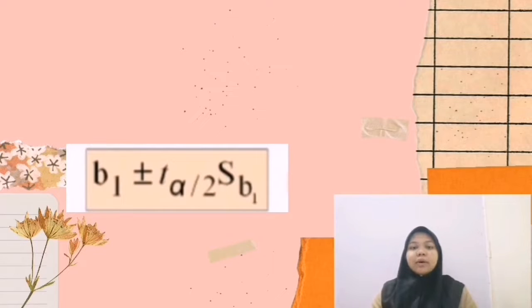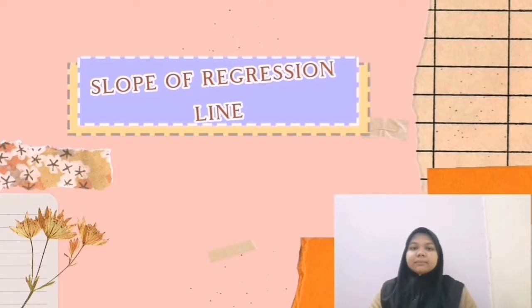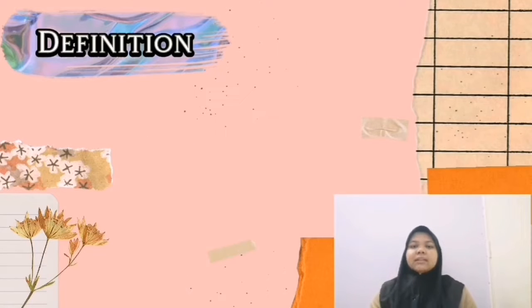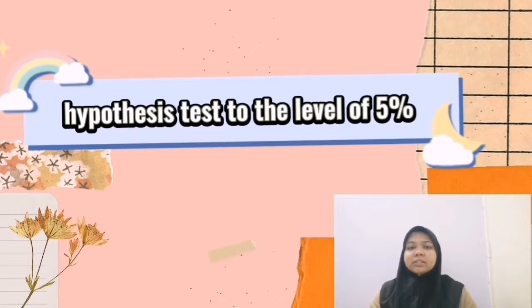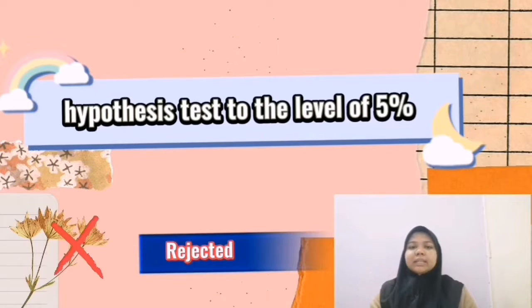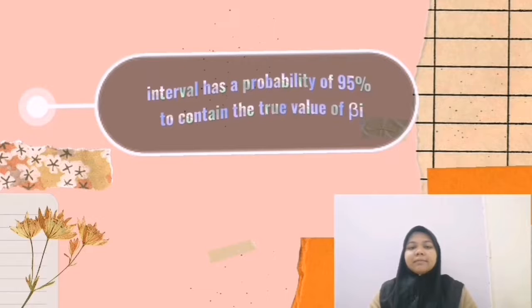The beta i shows the slope of the regression line. Furthermore, a 95% confidence interval for beta i has two equivalent definitions: the interval is the set of values for which a hypothesis test at the level of 5% cannot be rejected, and the interval has a probability of 95% to contain the true value of beta i.